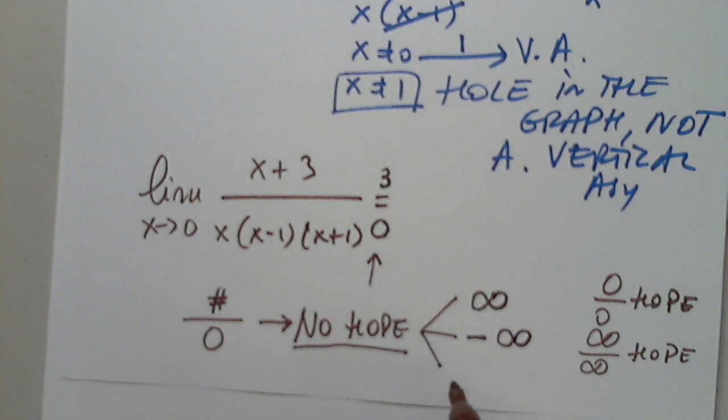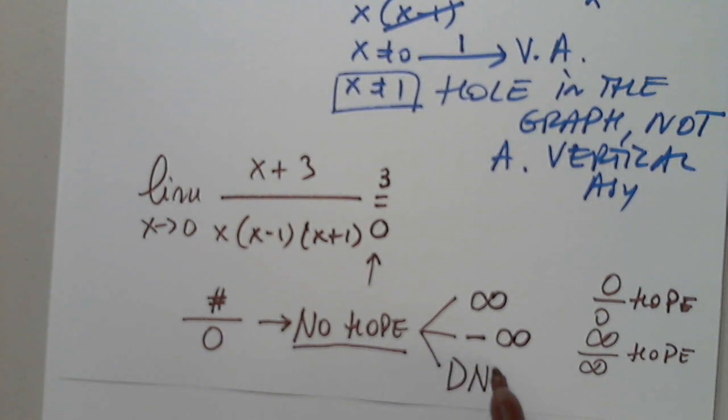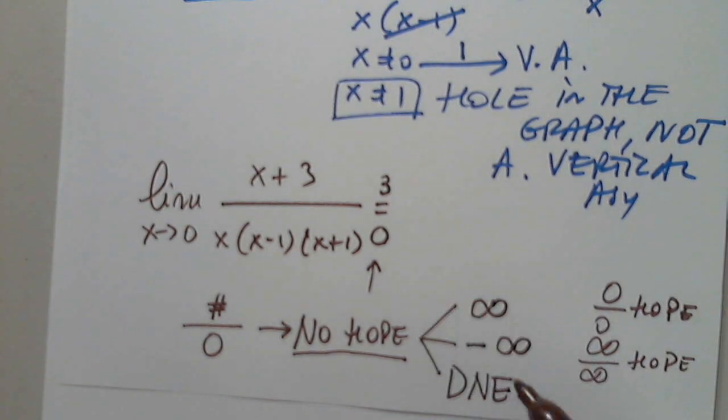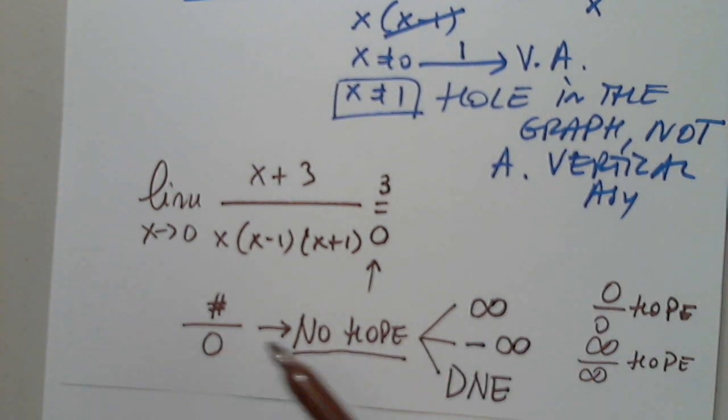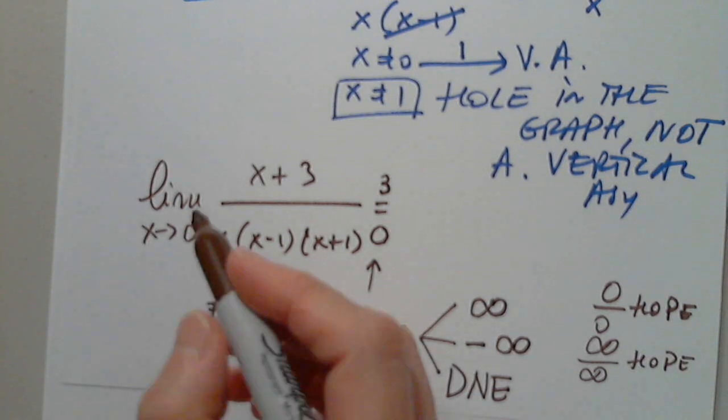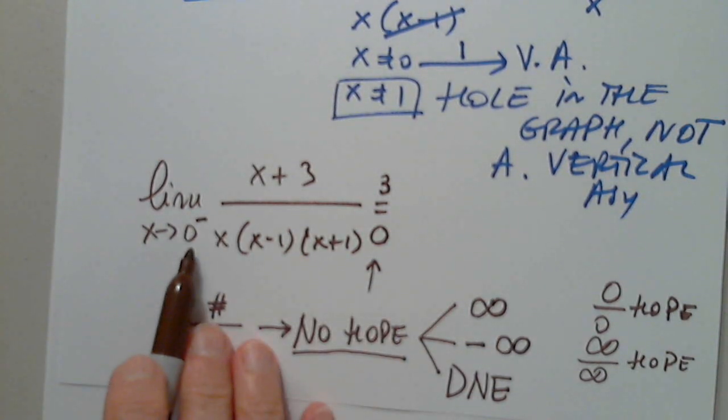The third possibility? Undefined. Yes, meaning DNE. So I know that since it's 3 over 0, I have to have one answer. Which is the answer? Well, I have to determine from the left and from the right.